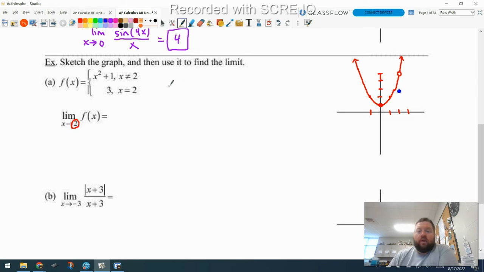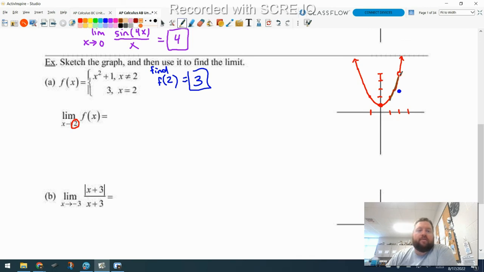All right, so in Algebra 2 or pre-cal, I could have asked you this question: find f of 2. And you would have said f of 2 is equal to 3. That would be the answer. In calculus, I'm asking you, what is the limit as x approaches 2 of f of x? This point doesn't matter for this question. All you care about for a limit is what the function is approaching from the left and the right.